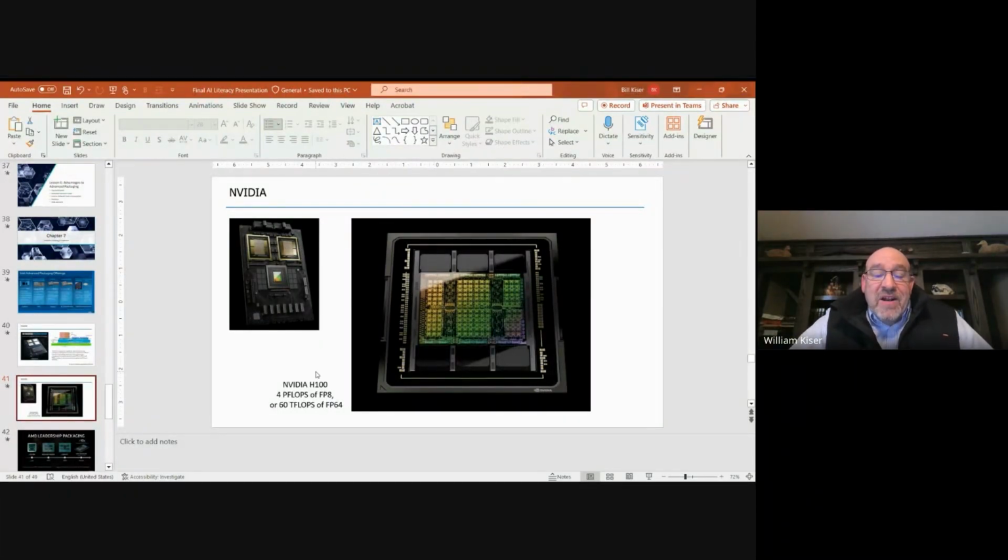But take a look at the performance of the NVIDIA H100. 4 petaflops of 8-bit floating point, or 60 teraflops of 64-bit floating point. 4 petaflops, think about exactly what that means. That is astounding performance. And you can't get that in a monolithic system very easily.